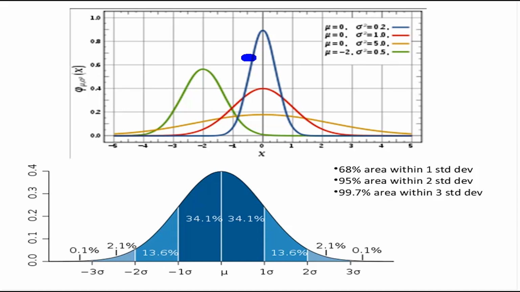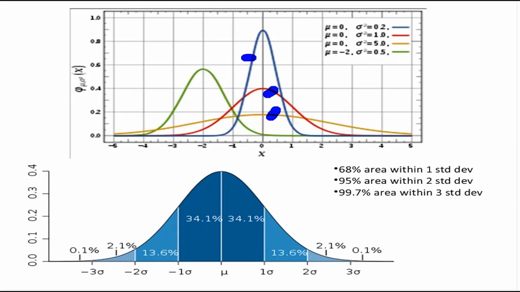Standard deviation will be the square root of that. The red one has the same mean, but variance is a bit more. The third one, the yellow one, the mean is again 0, but the variance is still more. Observe that the greater the variance or the greater the standard deviation, the wider is the curve.